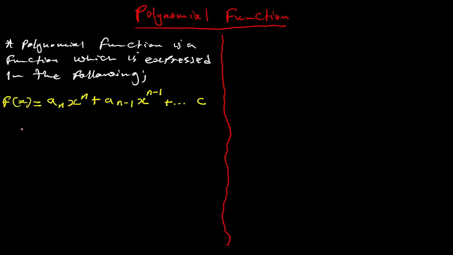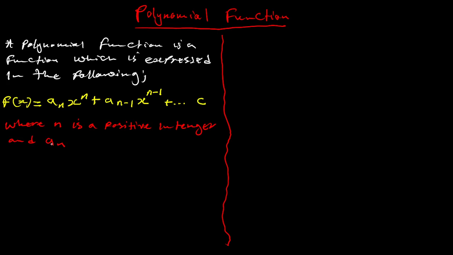In this case, you need to understand that n is a positive integer, and the a_n are real numbers.